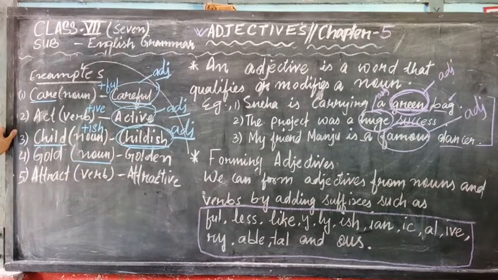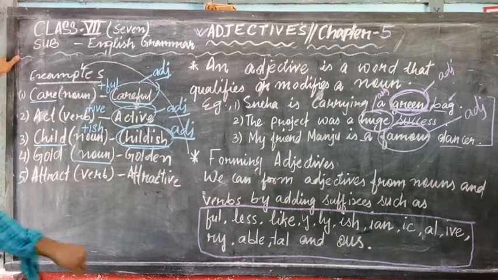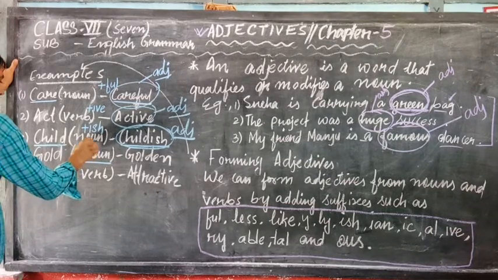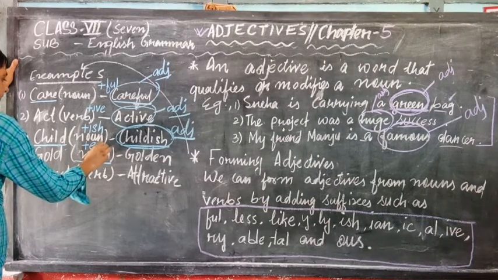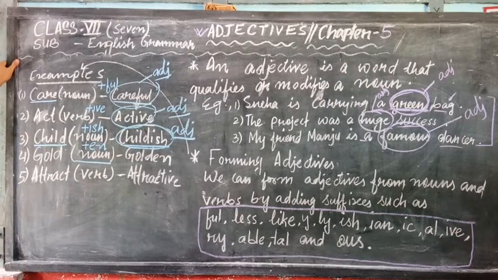What can we add to make gold an adjective? We can add en, and it becomes golden.